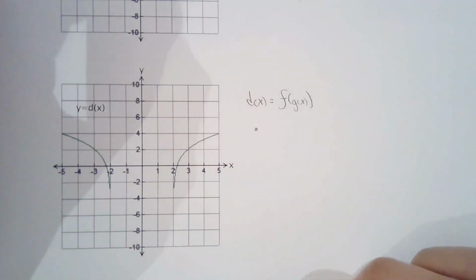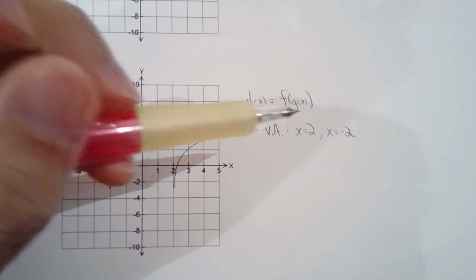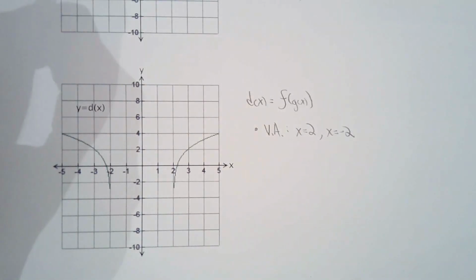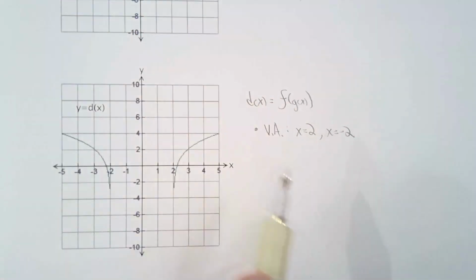The property that I'm looking at, you might have something different, is the vertical asymptotes, x equals 2 and x equals -2. No other way of combining f and g will give me these 2 vertical asymptotes. So after I've said that there are 2 vertical asymptotes, I'm certain it has to be f of g of x to create d of x. There's no other way.